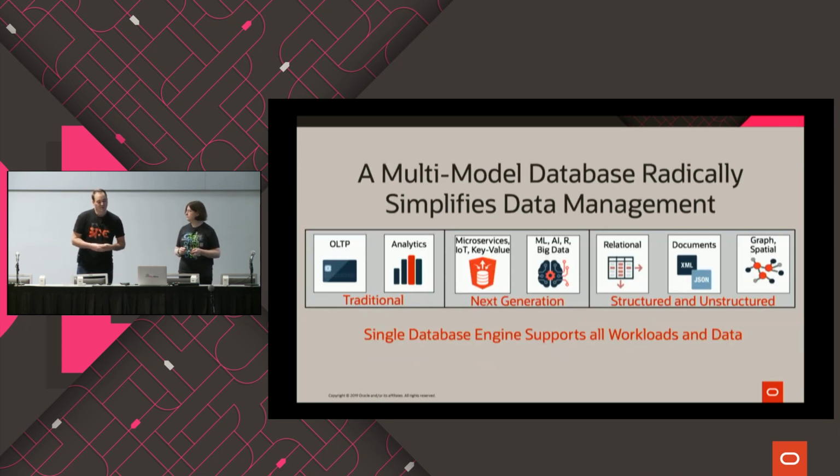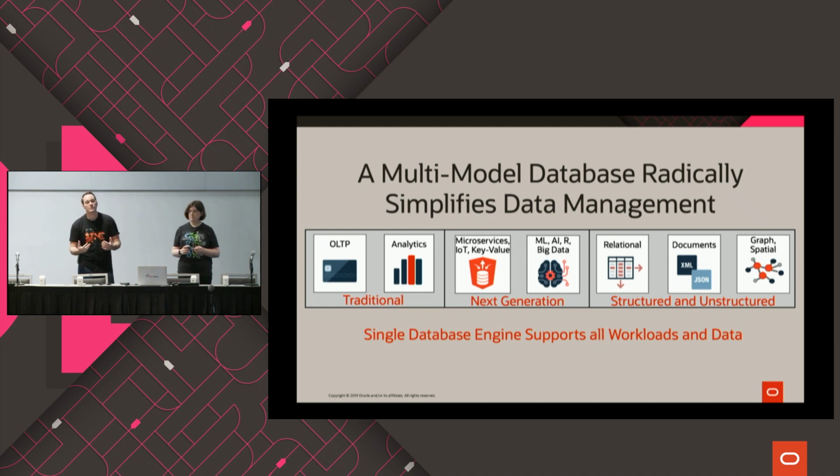So what we are trying to do is to work on a multi-model database, a database that gives you, or simplifies, your overall data management. Just imagine what would happen if you could have a database that not only does your traditional workloads, your OLTP, your analytics, but actually fits well with your next generation workloads, especially microservices, IoT, machine learning, and so forth.